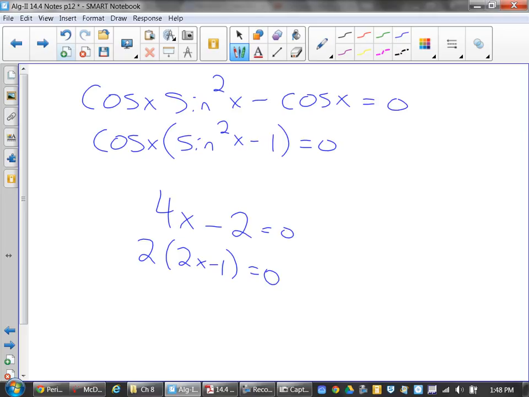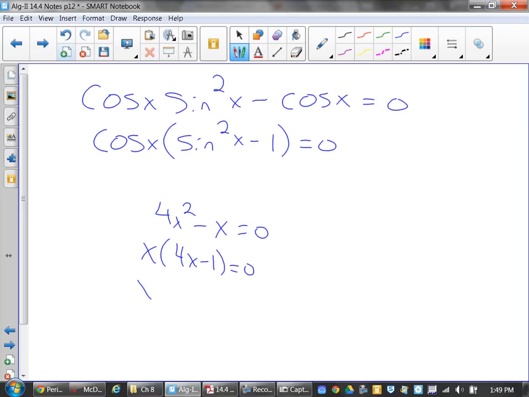It's just with letters. If you had 4x squared minus x equals 0, you couldn't divide by x because then you'd lose a solution. Here you're taking out the value of x and having 4x minus 1. And then you have to set both terms equal to 0.